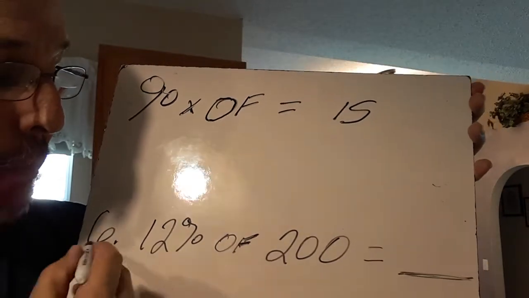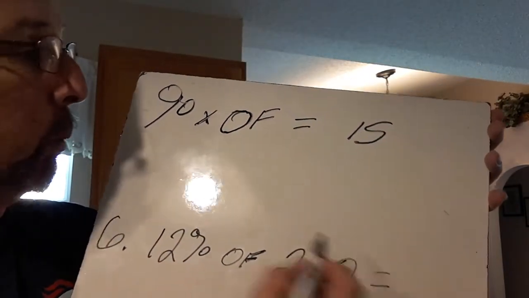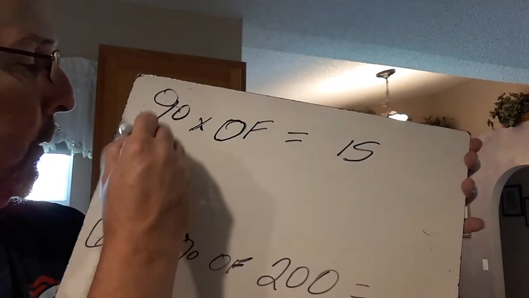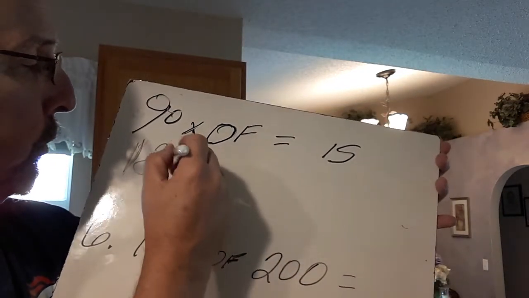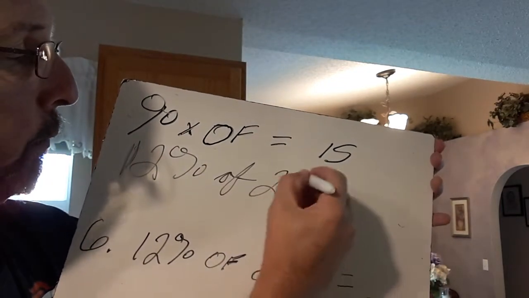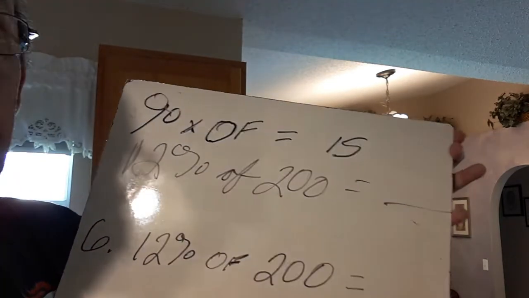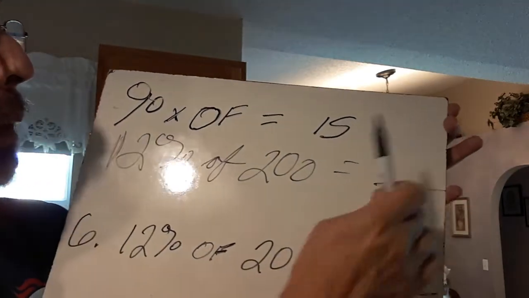Let's look at number 6. 12% of 200 equals. So I got 12% of, and I got 200 for the of, equals what? Oh, multiplication problem. I'm looking for the is.